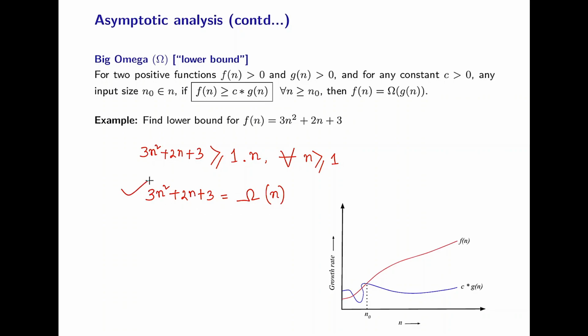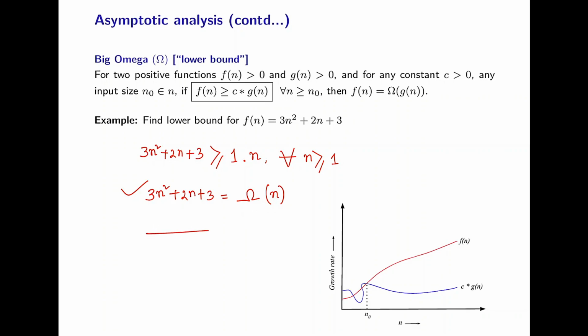Yes, I can write. So in the earlier case, we found that 3n square plus 2n plus 3 is equal to big omega of n square. Now we are observing that it is big omega of n. So yes, both are correct. Why?